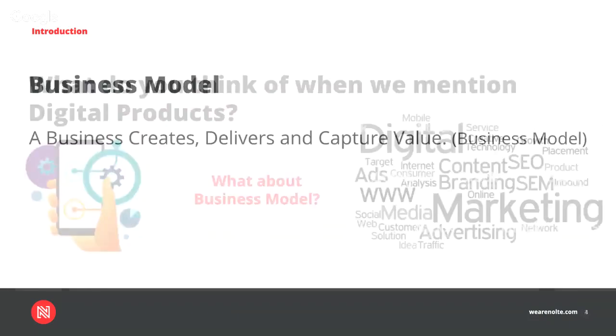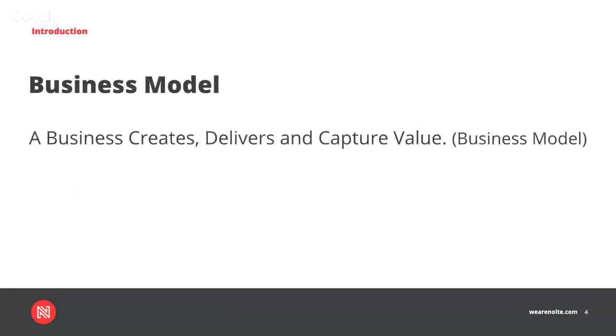First, I will start by saying that a business is intended to create, deliver, and capture value. I'm going to talk a little bit about what each of these three means. But what I want to say first is that these three elements are what the business model is all about.